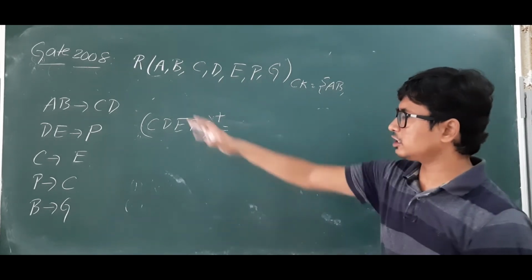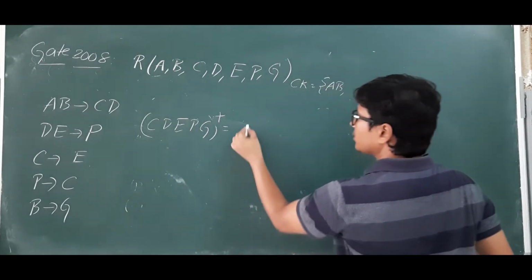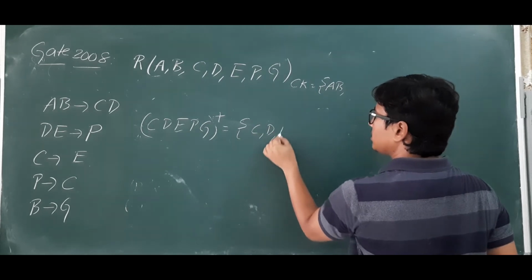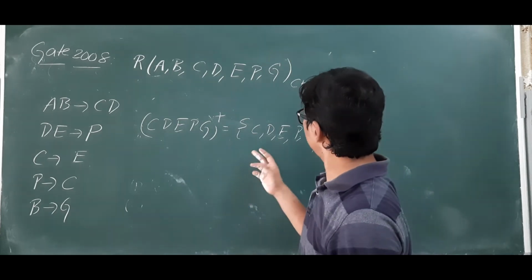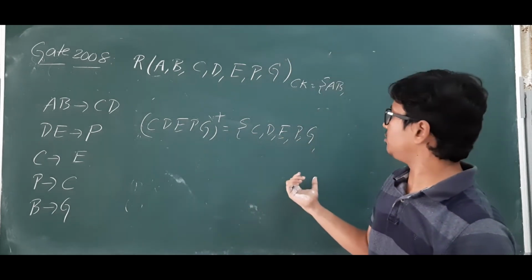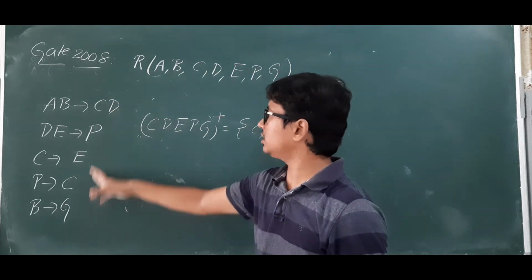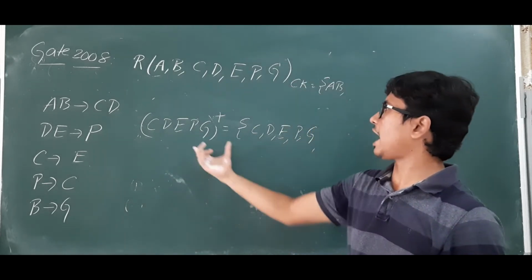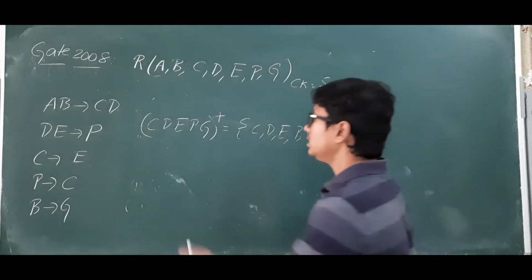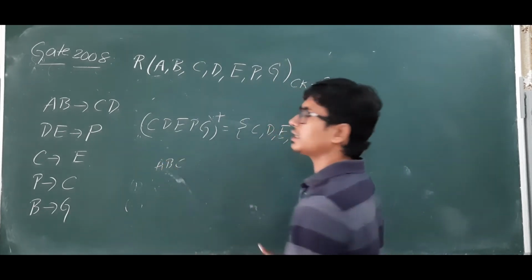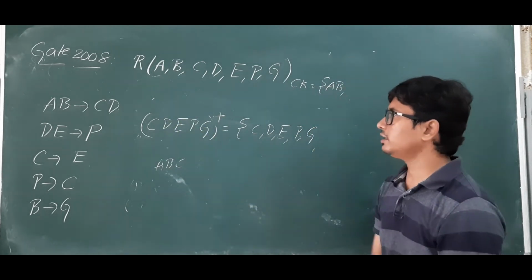If you calculate, you will get C, D, E, P, G. Now using any of these attributes, or any combination of them, can you determine AB? AB is not there on the right-hand side, so using any combination of these attributes, you cannot determine AB. So only the combination AB can determine all the attributes. Listen carefully, let me discuss again.